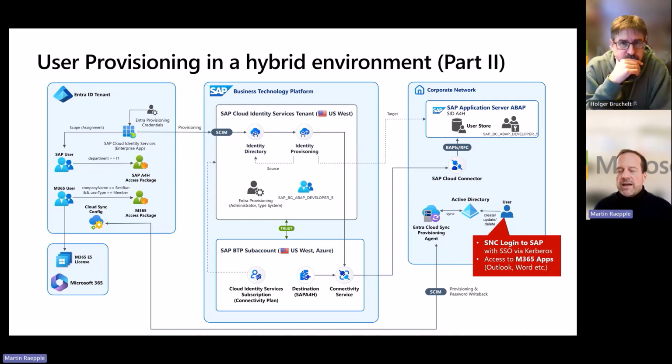Access packages follow quite the same approach. An access package can contain things like user groups, which we leverage in this scenario. So we have two access packages here, one that refers to a user group called M365 user, and the SAP A4H, which is the SID of that backend system, that refers to the SAP user group.